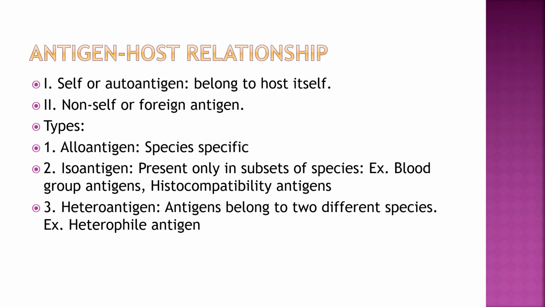Species specific antigens are called alloantigen. This is when the antigens are present in a species. Then isoantigen, present only in a subset of species. Example, blood group antigen, histocompatibility antigen. So they are called isoantigen. Then heteroantigen. So antigens belong to two different species. Example, heterophile antigen.